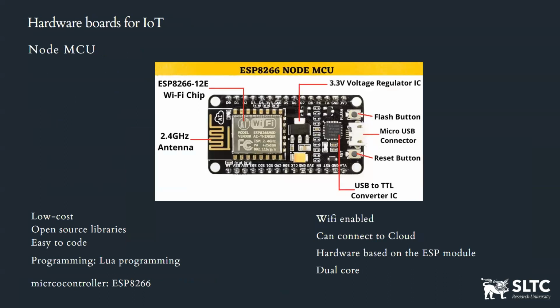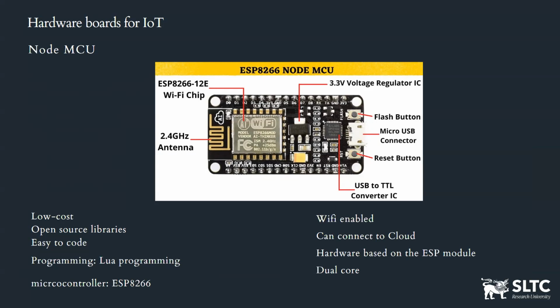So Node MCU is actually a microcontroller which is in the family of ESP32. However, this controller is a model that came before ESP32, and it also has some functions that are interesting when you compare with the ESP32.